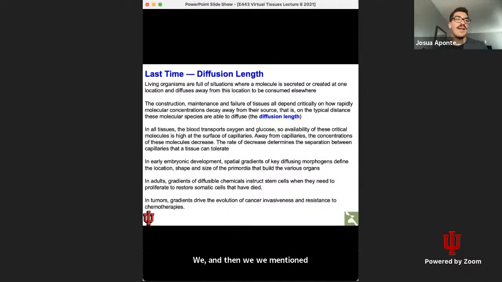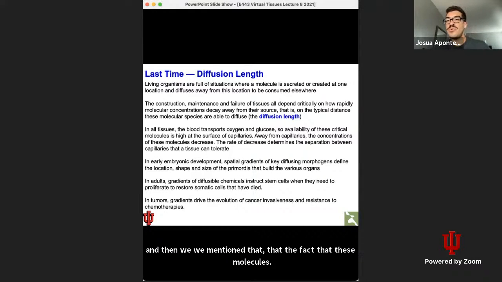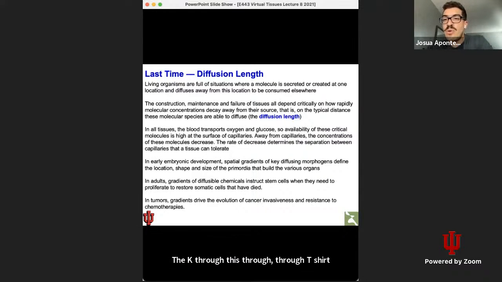We mentioned that the fact that these molecules decay through tissue establishes what is known as a characteristic diffusion length for the molecule, and this diffusion length has important biological consequences.